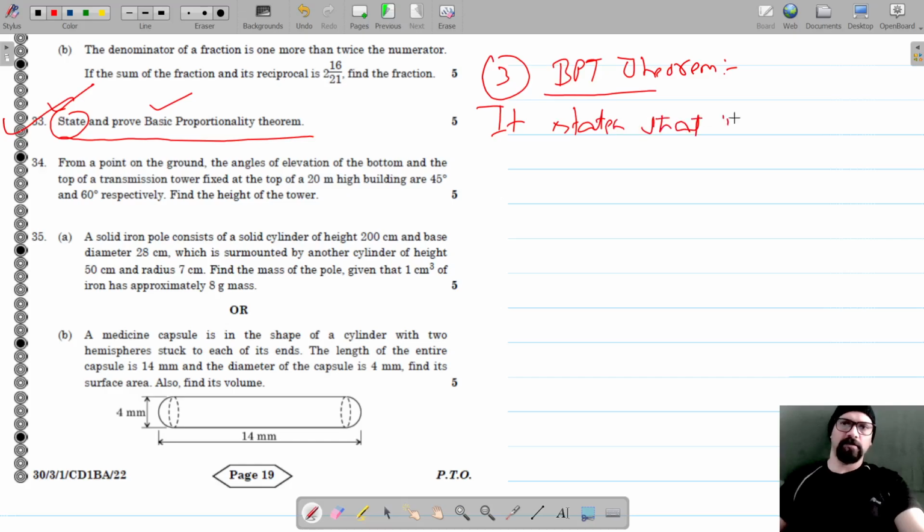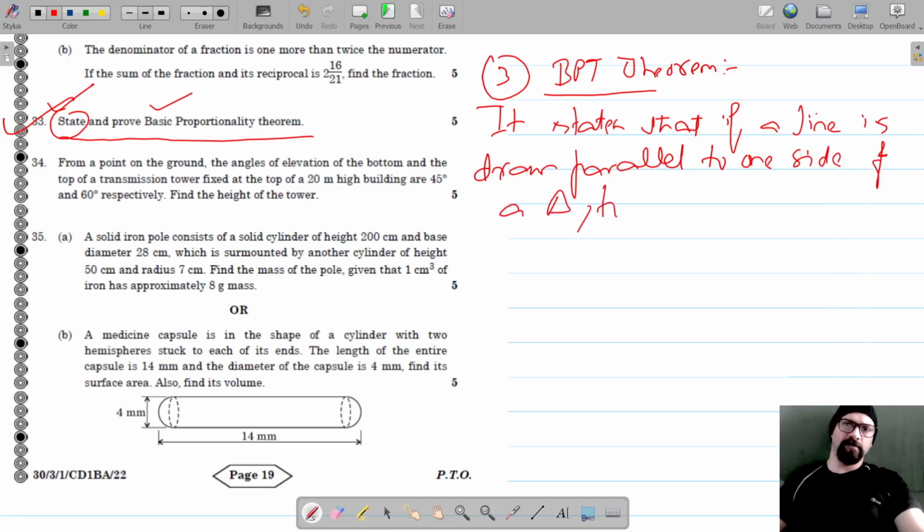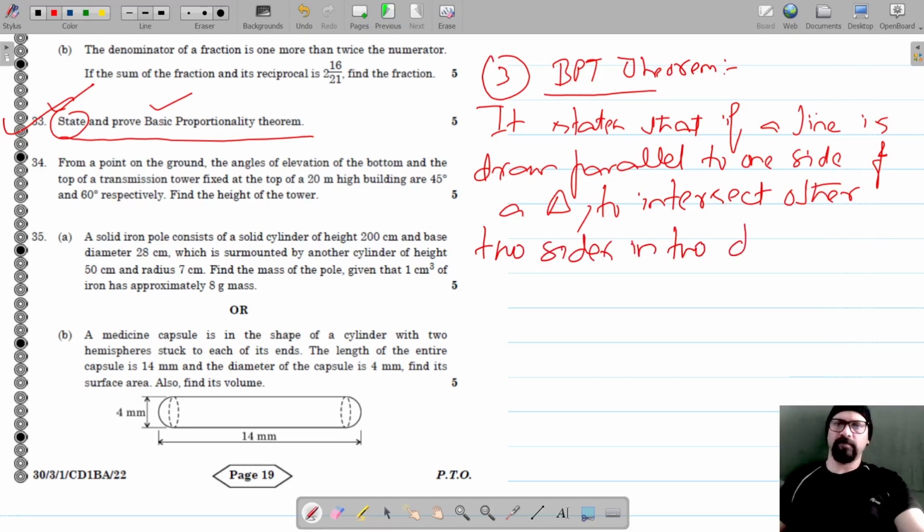that if a line is drawn parallel to one side of a triangle and to intersect the other two sides in two distinct points, then the two sides are divided in the same ratio.